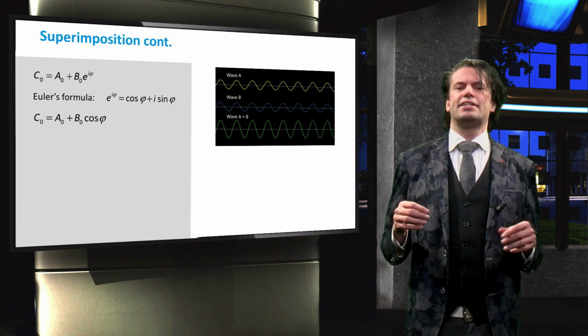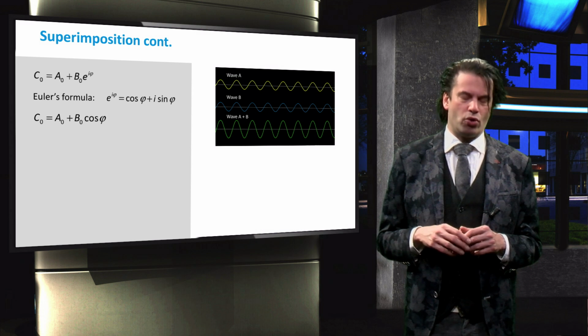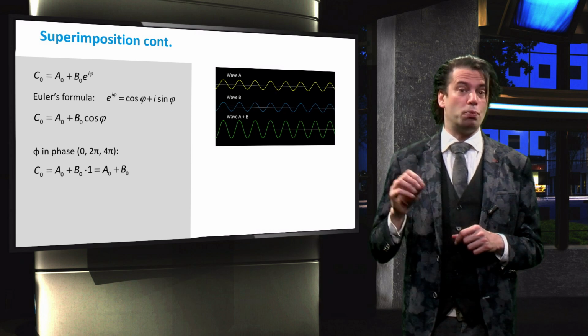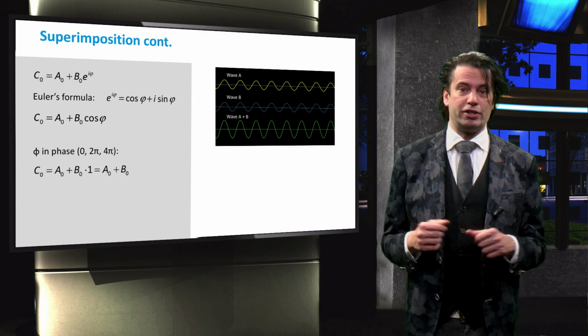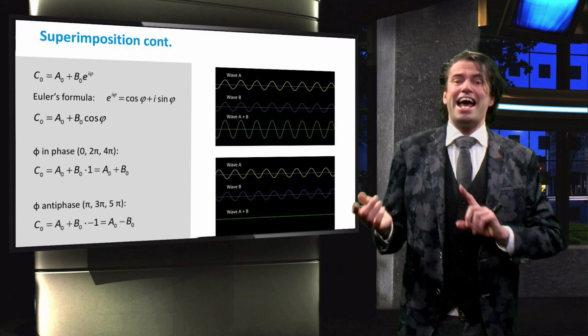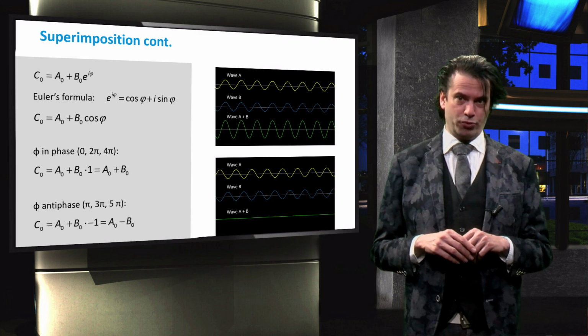We can see that the amplitude can be stronger or weaker than A and B depending on the phase shift. When phi is a multiple of 2 pi, the amplification will be maximal and constructive interference will occur. If phi is in antiphase, however, the wave exhibits maximal attenuation.